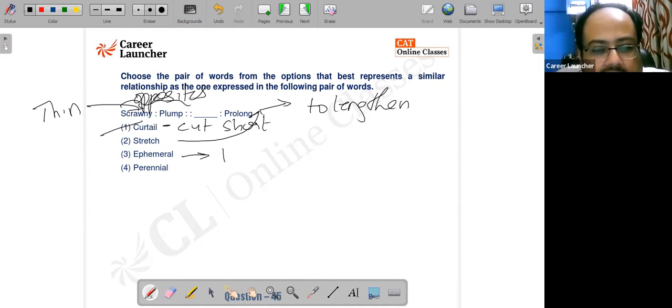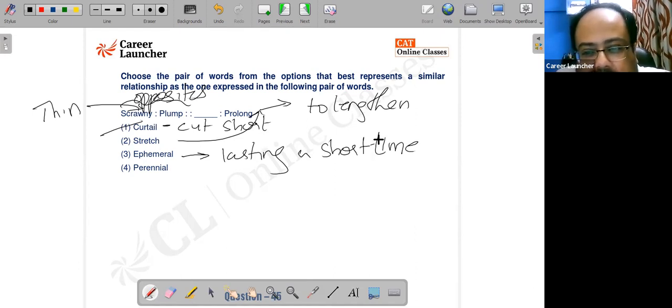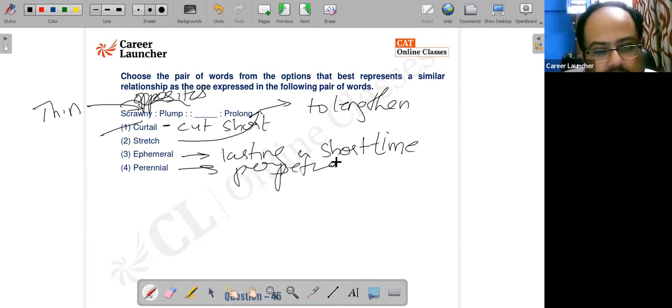Ephemeral is something that lasts a short time. It is not exactly the opposite of prolong. Perennial means perpetual or continuous.